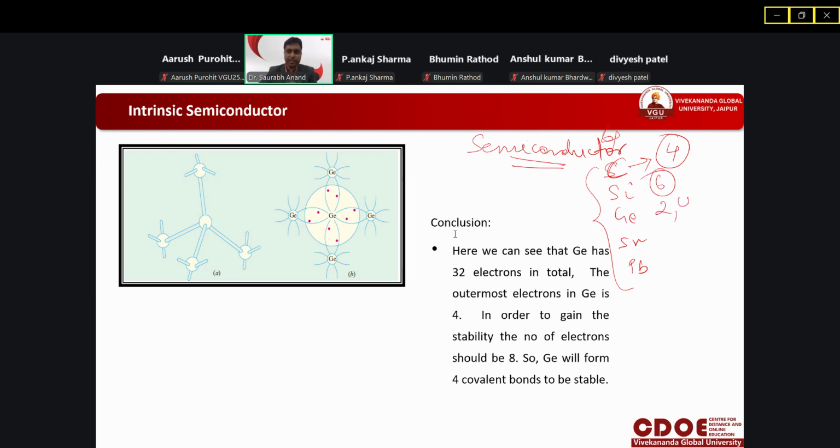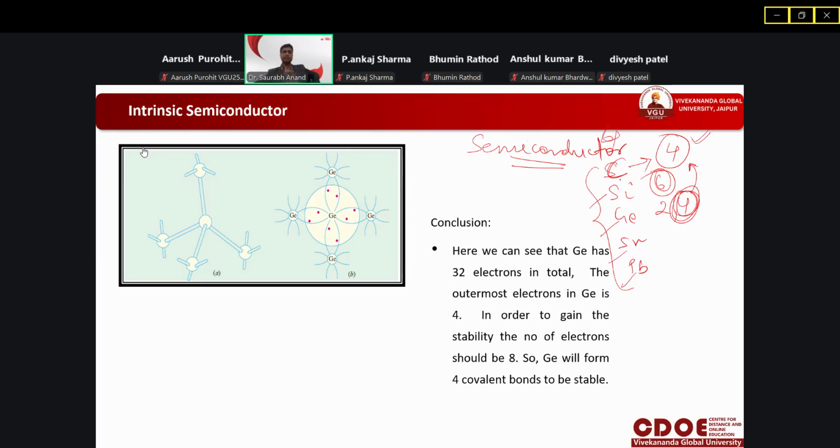If we divide it, 6 is divided as 2, 4. So there will be 4 electrons in the outermost shell. Clear? For any of these materials, if you divide the electrons, there will be 4 in the end. So 4 electrons will be there in the outermost shell. Got it?